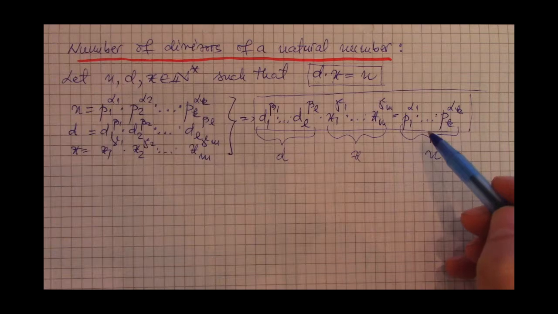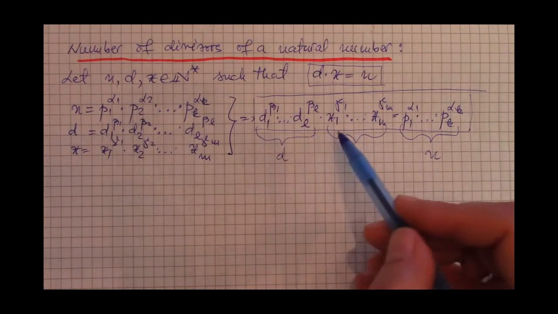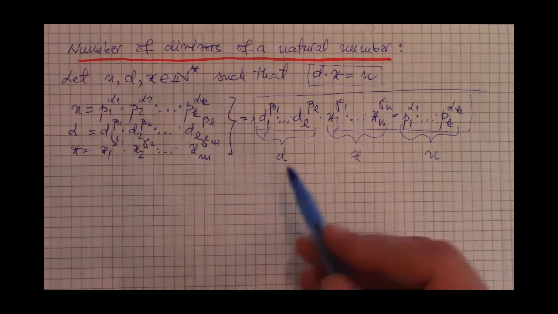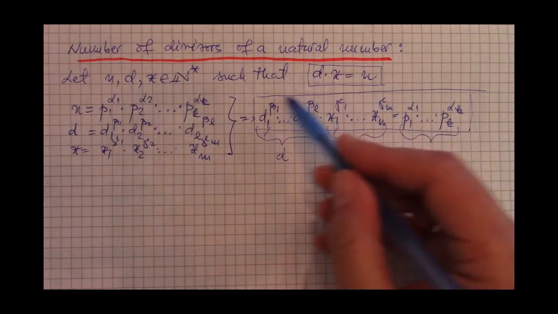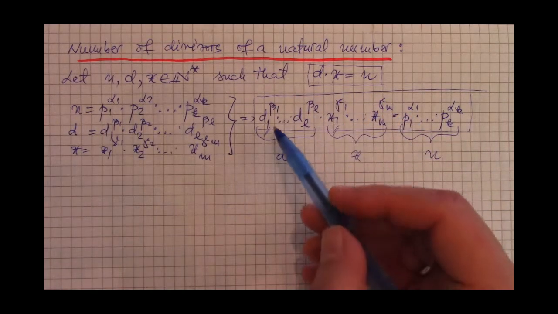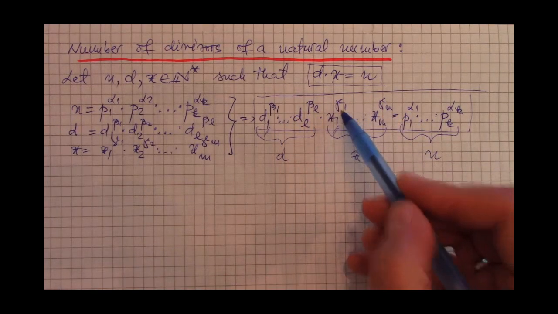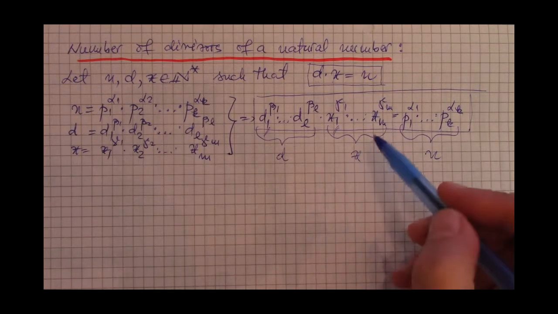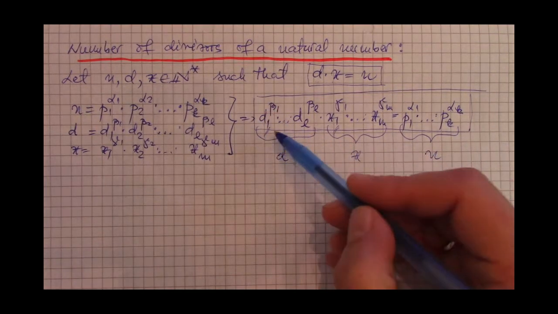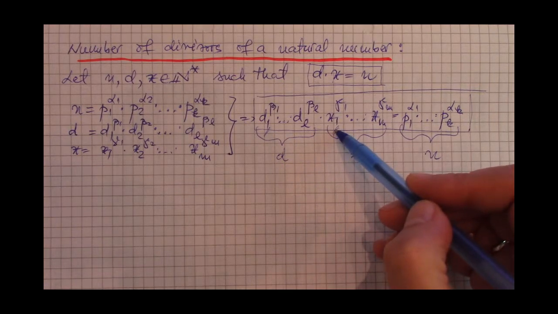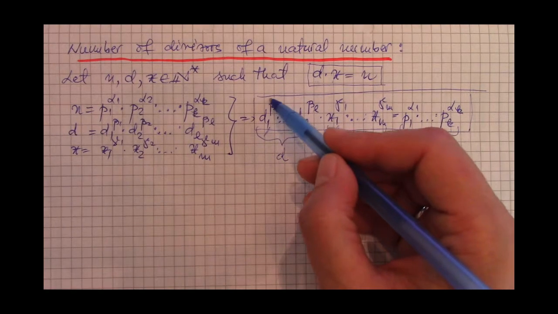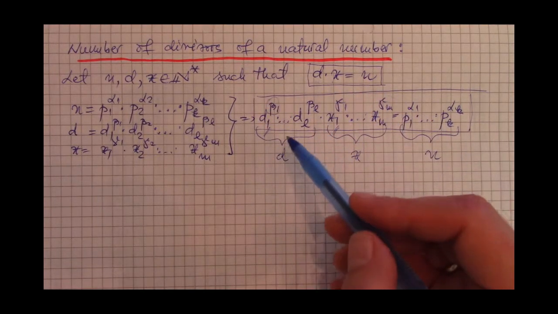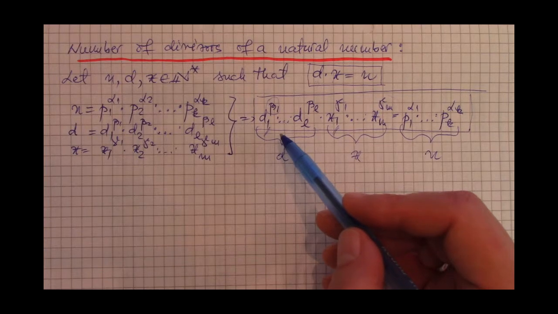But in theory we can combine, if for example d1 is equal to x1, then over to the left-hand side of this equality, we're going to have d1 to the power of beta 1 plus gamma 1. So even if we combine the various d's that are equal to the various x's, the powers at which the various d's appear over to the left-hand side of this equality will only go up.